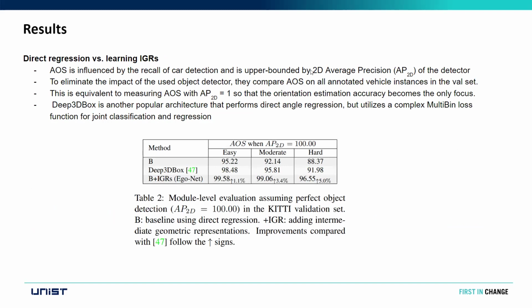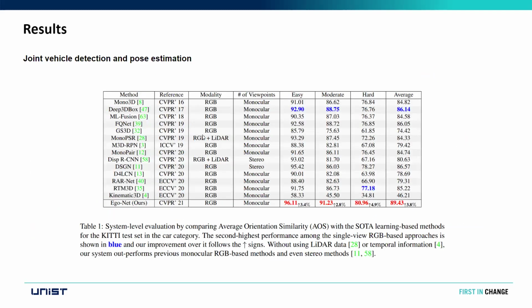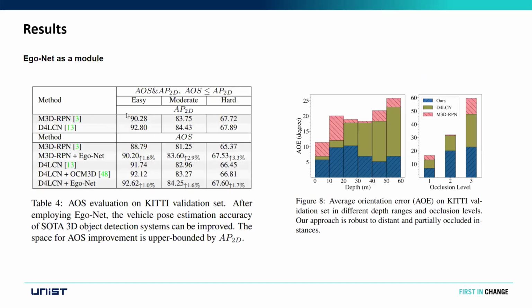So here is the 2D average precision of the detector. Usually the 2D average detection for these two models is 92 and 90, but when we want to detect the orientation, the accuracy drops. But when we add Egonet, the accuracy almost climbs up to the 2D level.